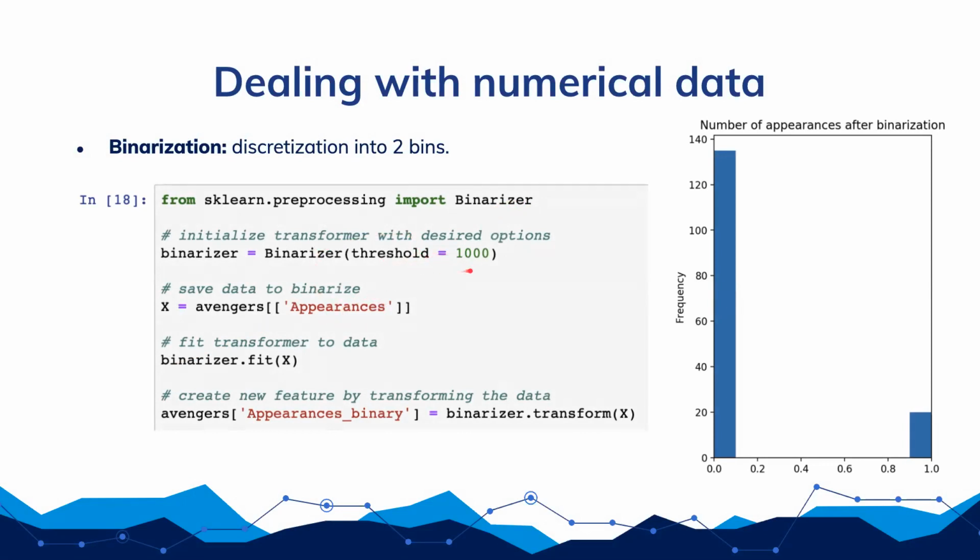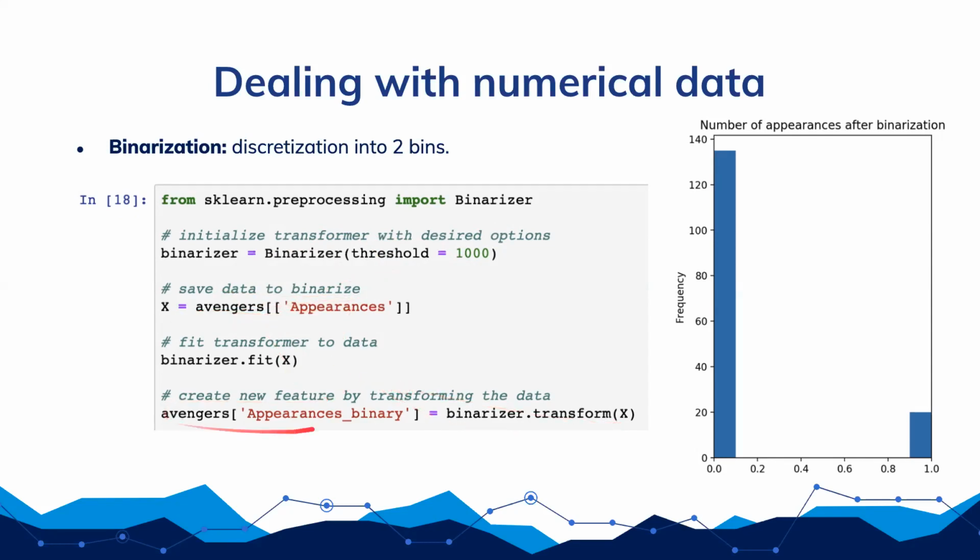I'm saying, if the number of appearances is below 1,000, go to this; if it's above 1,000, go to this. Now you have a new column which has just 2 possible values, 0 and 1, depending on the number of appearances in your data set. The structure again is the same. You initialize the transformer with the options, you apply it to your desired data set, or in this case the column, and then you transform it.